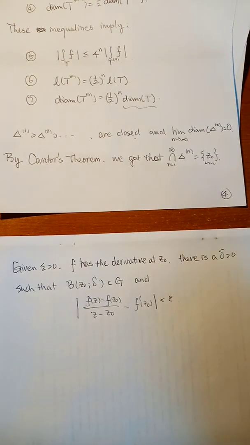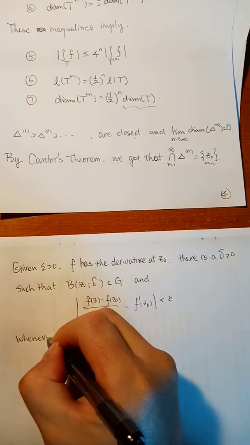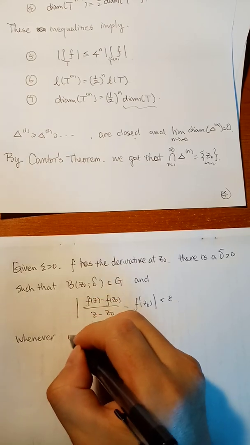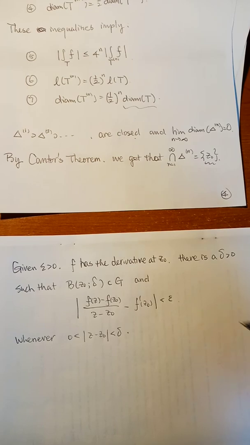That's by the definition of a derivative, whenever you find a point with absolute value of z minus z0 less than delta. Okay, so this is just an application of a derivative.